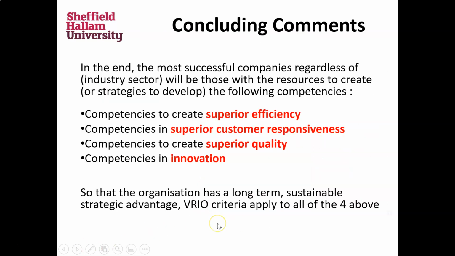Okay, so concluding comments on business level strategy. The main thing we've taken from this is different organisations will have different looking value chains, but all organisations have got to produce activities.